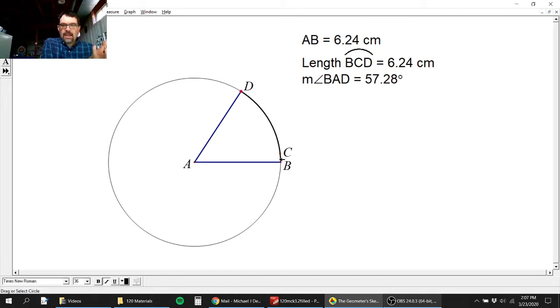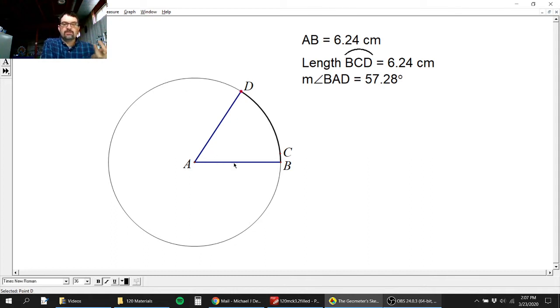That can only happen for one particular angle measurement, and it doesn't even depend on what circle you're talking about. If you change the size of the radius, you'll change the size of the arc length, but there's some magic angle where the arc length is the same as the radius, and that angle measure is called 1 radian. This is the definition of what 1 radian is.